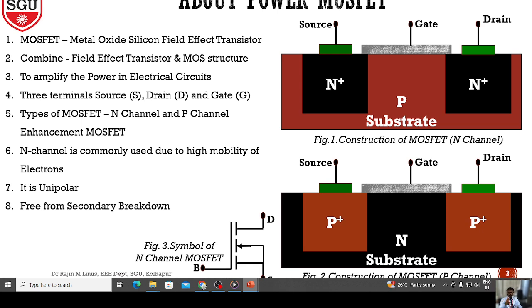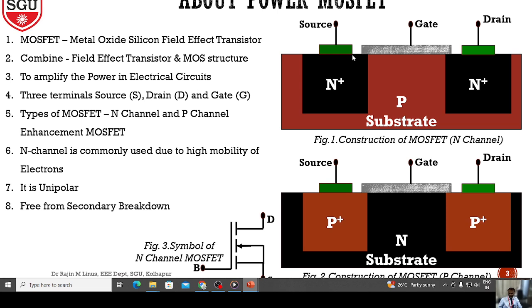Both are there. That's why it is bipolar. Here only electron movement is there, that's why we call it unipolar. And unlike the bipolar junction transistor, the MOSFET does not have the secondary breakdown.